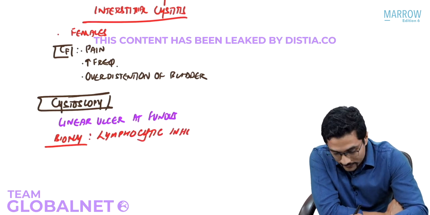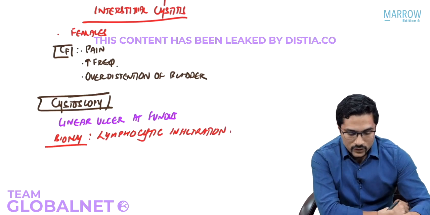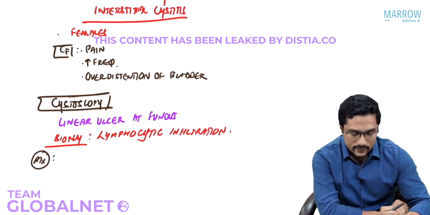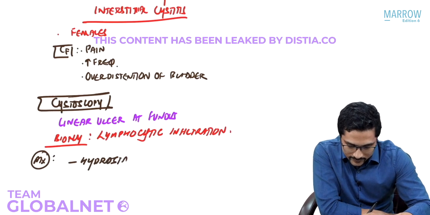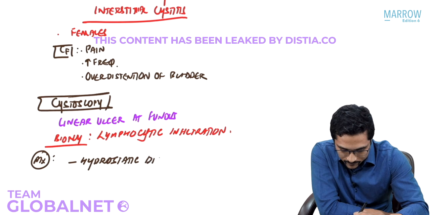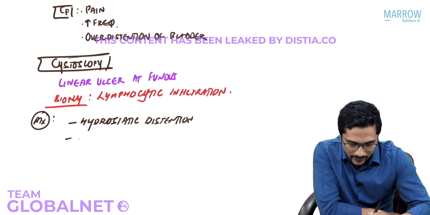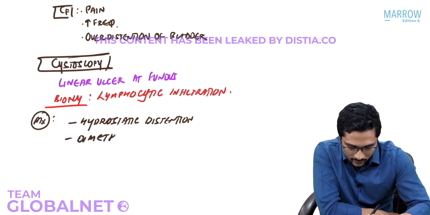Lymphocytic infiltration is seen in these patients. And the management of interstitial cystitis or Hunner's disease is hydrostatic distension, or dimethyl sulfoxide.